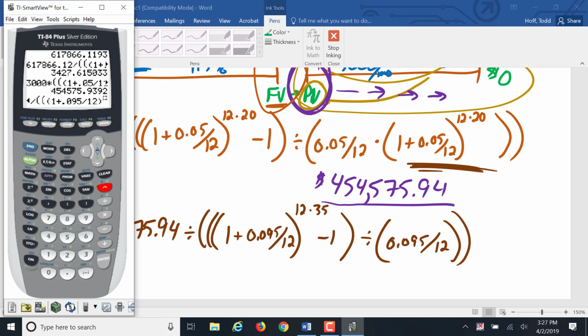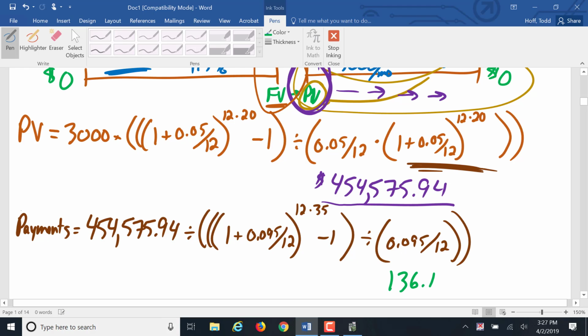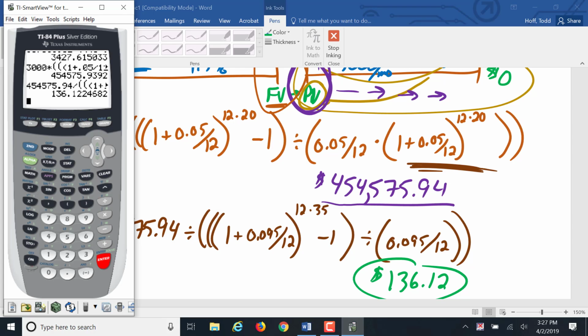So as we enter this all in, we find Pat needs $136.12 each month to make this happen. Very affordable amount to put away.